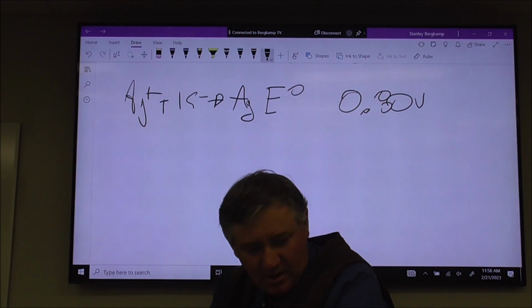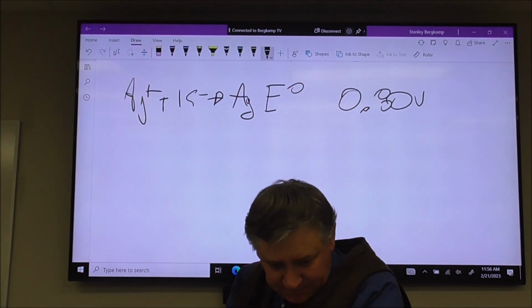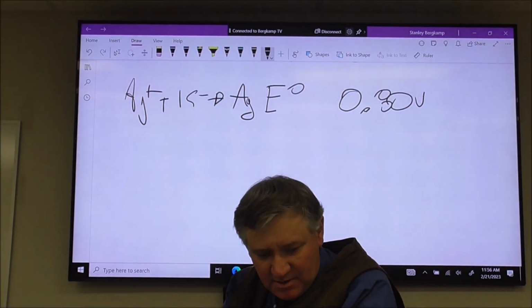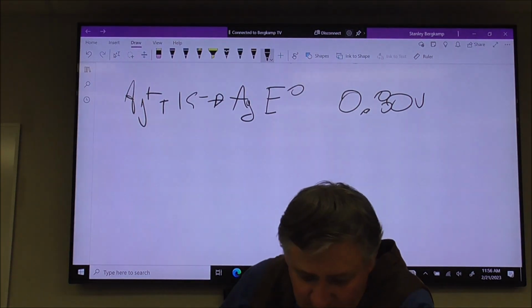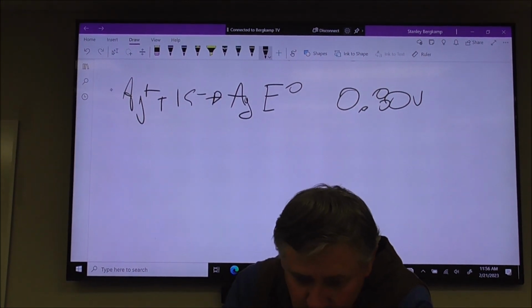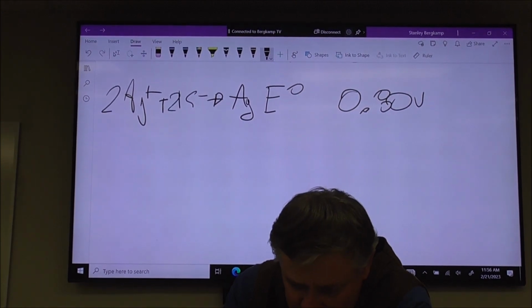Now, on 35A, to balance that out, because you have copper at 2 plus and you have silver at 1 plus, you need to multiply all of these by 2.